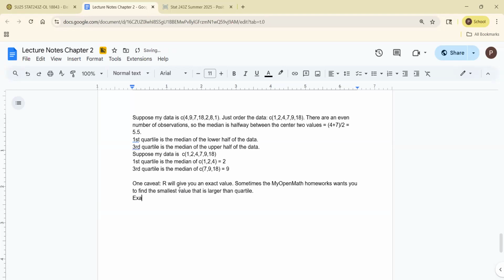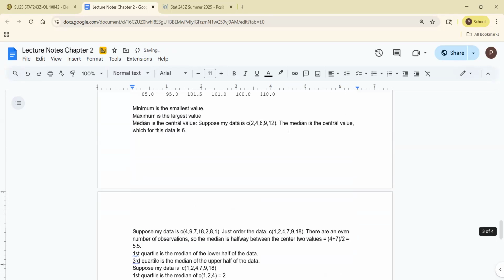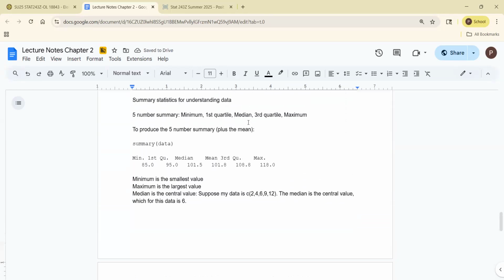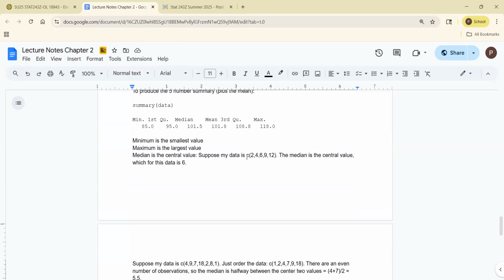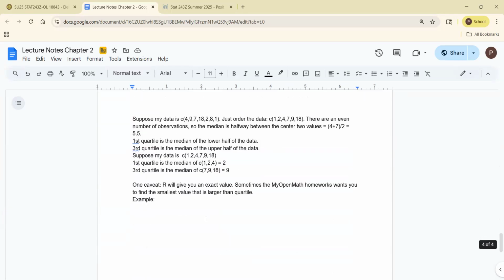So for example, let's suppose my data is 2, 4, 6, 9, 12. The first quartile is the median of 2 and 4, because that's the lower half of the data, which would be 3, because that's halfway between them.